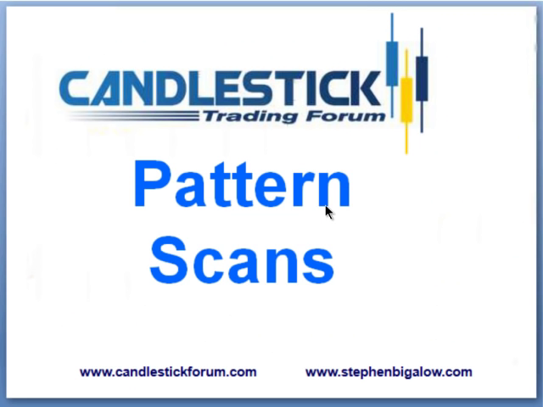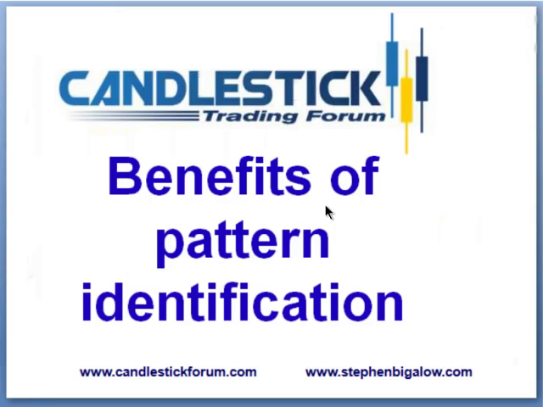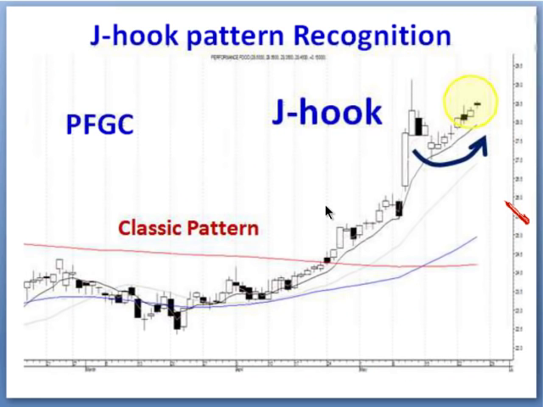Again, the benefit of pattern scans is that all boats are going to rise on a rising tide. What we're looking for are the boats that are rising a lot faster than that rising tide. So if we can identify the fry pan bottom and we can identify the J-hook, what do we suspect about this next move of this J-hook?